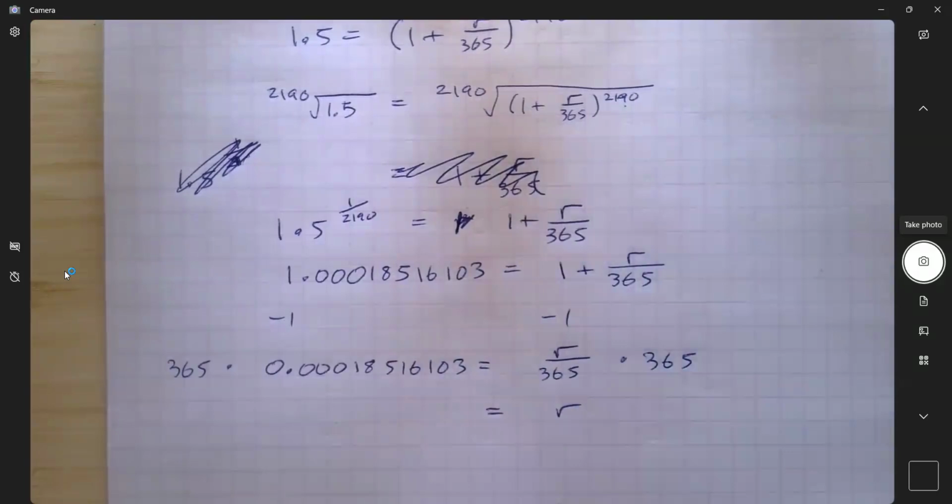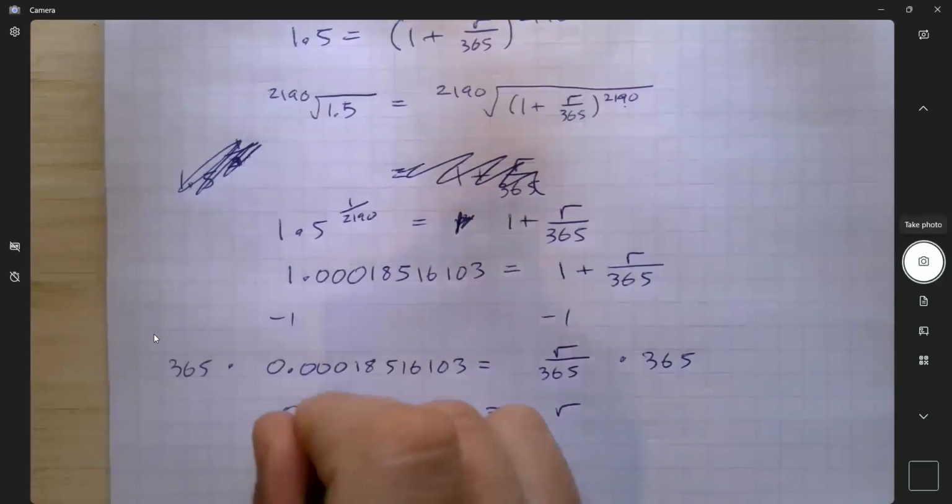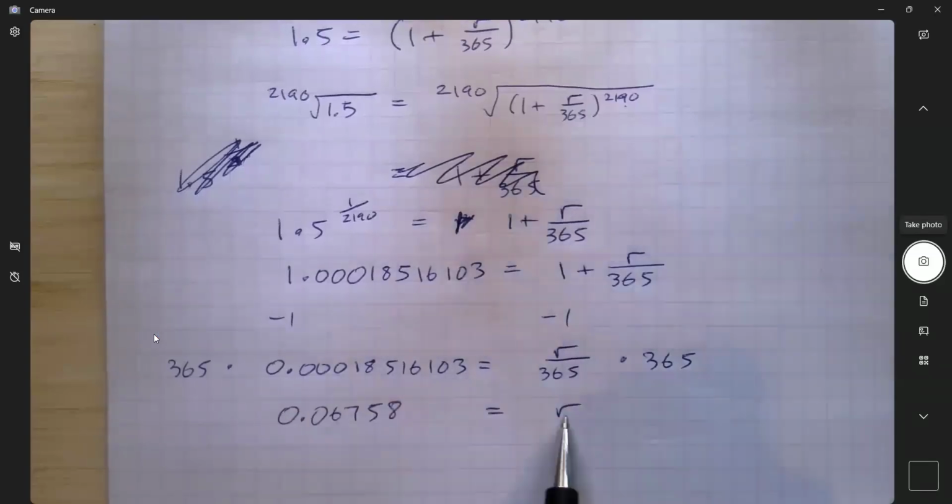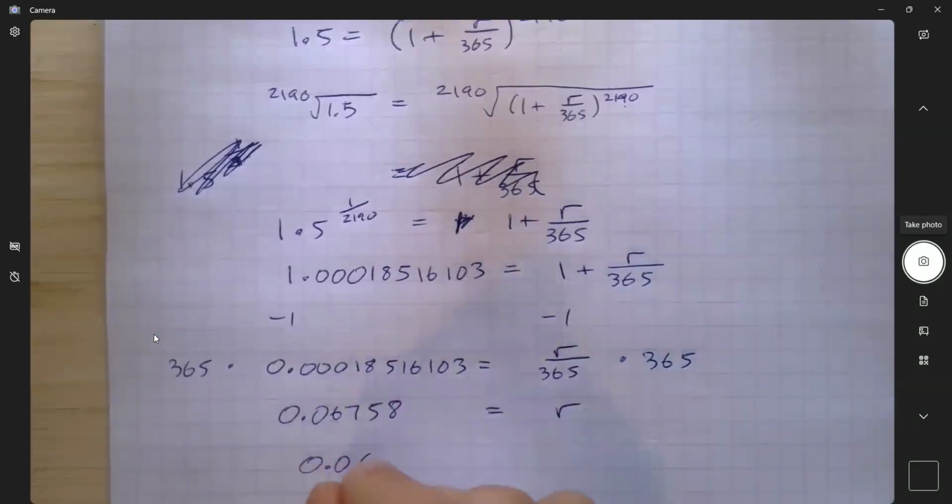And fortunately, I got a calculator to do all of this work. 0.06758. If I'm working in interest rates, I bet 6.8% is probably close enough.